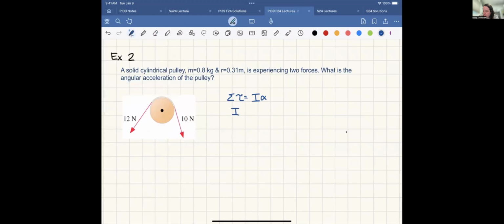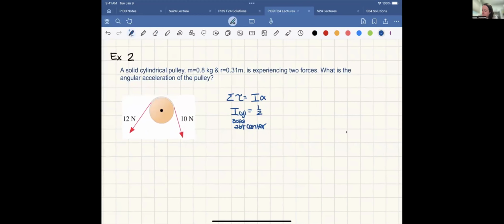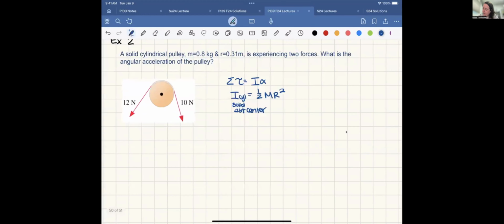And then the rotational inertia for a solid cylinder about center is, I think it's 1/2 mr squared. Okay, so those are just a couple of things we'll need to refer back to, but first let's just find the net torque.